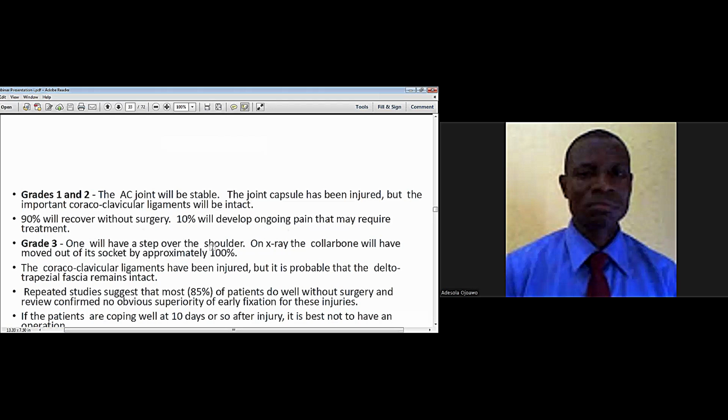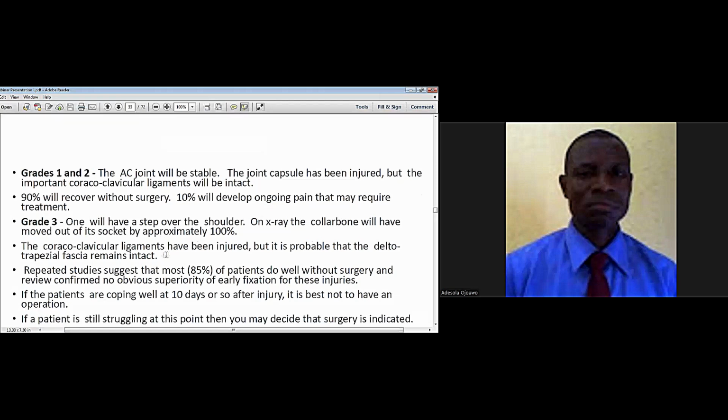In grade 3, one will have a step-off of the shoulder. On X-ray, the collarbone, the clavicle, will have moved out of its socket by approximately 100%. The coracoclavicular ligament has been injured, but it's probable that the deltoid remains intact, so the joint is not totally separated.